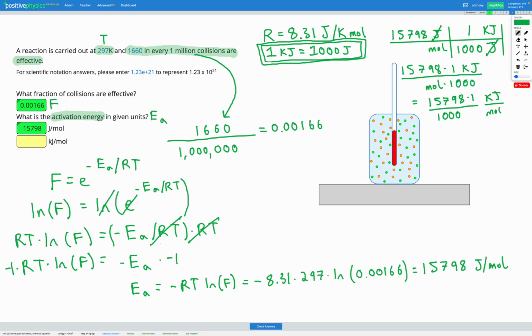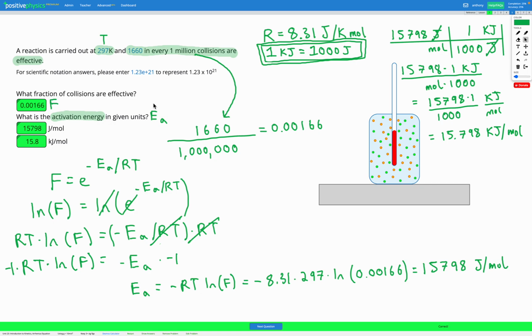So if we put that into our calculator, we're going to end up getting 15.798 kilojoules per mole. So we can go ahead and fill that in our last box over here. Awesome.